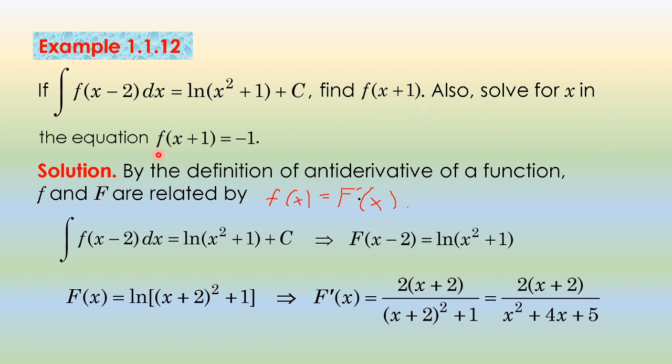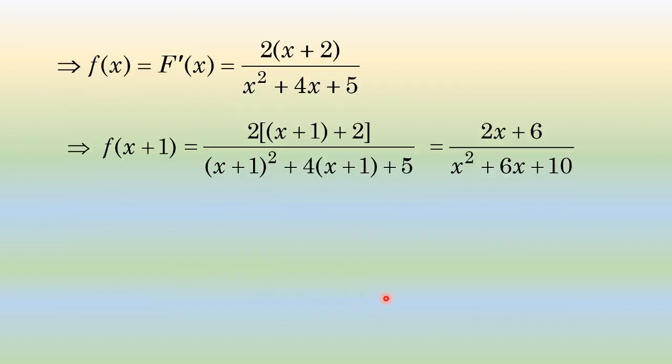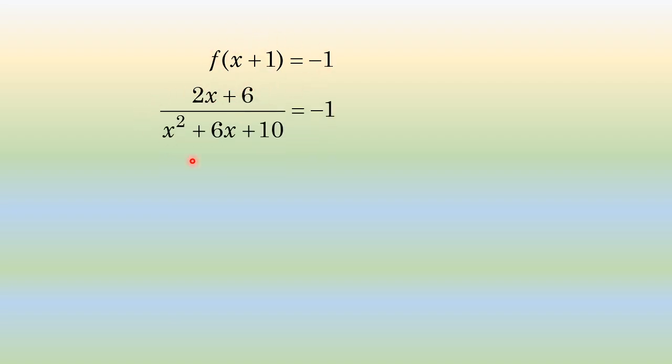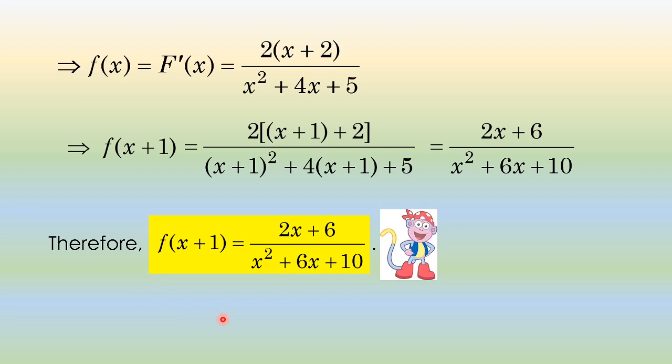What about x in the equation f of x plus 1 equals negative 1? To solve x in this equation, we replace this by its equivalent, which is 2x plus 6 all over x squared plus 6x plus 10, which we got here.